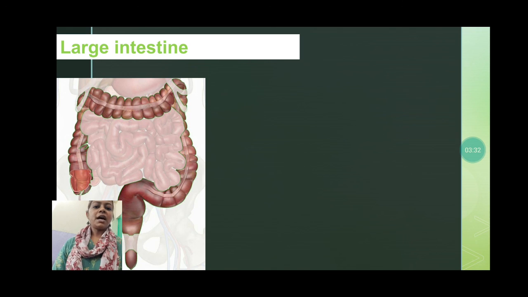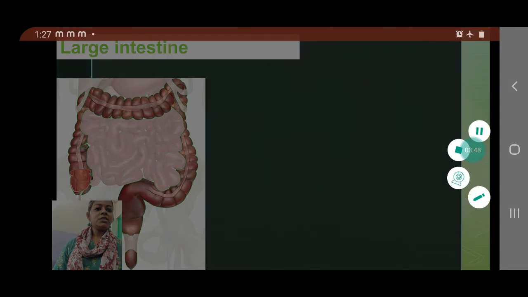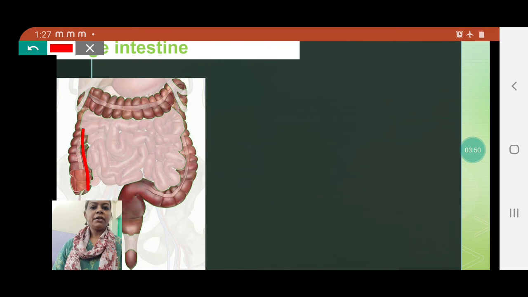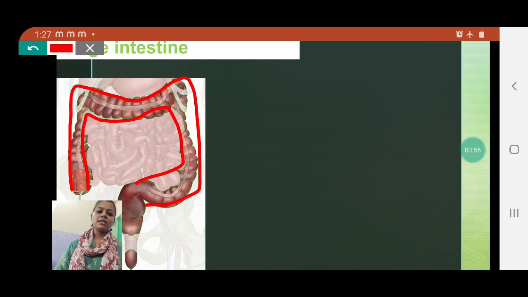The large intestine is shorter compared to the small intestine. The small intestine is longer and very much coiled, as you can see in the shape. But the large intestine is a little broader and shorter compared to the small intestine.